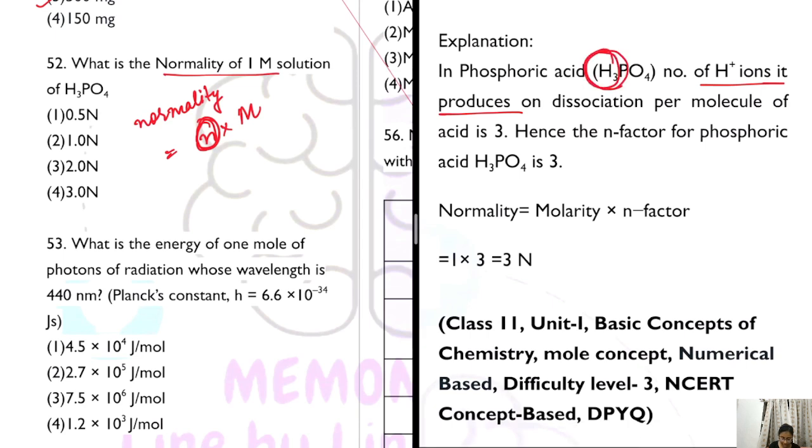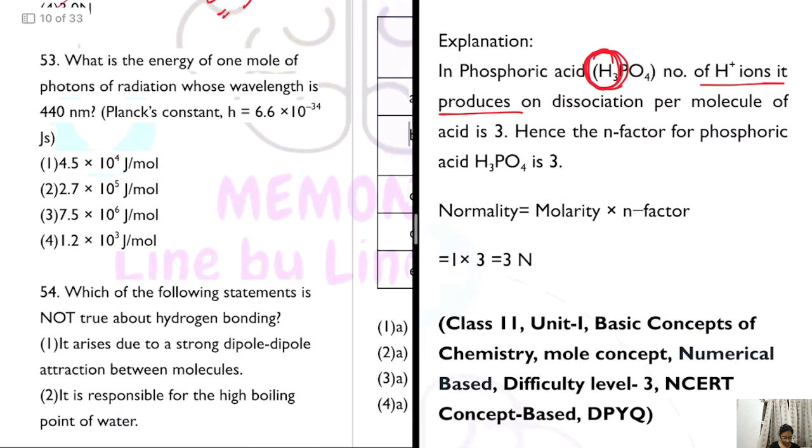Okay, here 3 H plus ions will be produced because H3PO4 is there. So it is 3. So it would be 3 into 1, that is already given, so it would be 3 normal. This is the correct answer. Let's move to the next question.